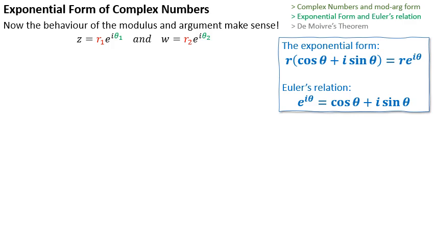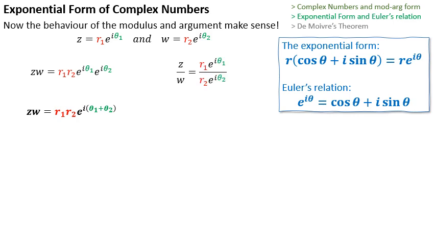If z has a modulus of r1 and an argument of theta 1, and w has a modulus of r2 and an argument of theta 2, we can combine these by either multiplying, where we just put them together directly, and then using our index laws, we can see how these two nicely turn into another complex number of the same form, very quickly and easily, without having to remember any arbitrary seeming rules about multiplying moduli and adding arguments. We are just using the algebraic knowledge and understanding we already have about exponential functions to do this.